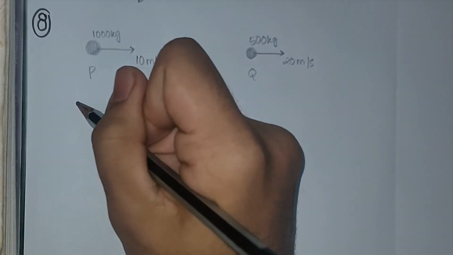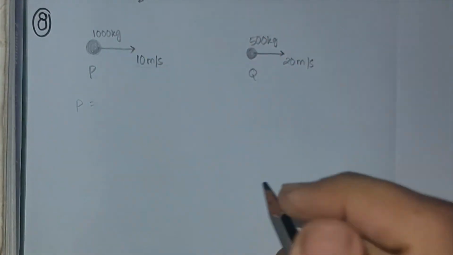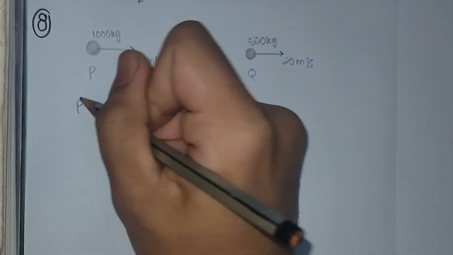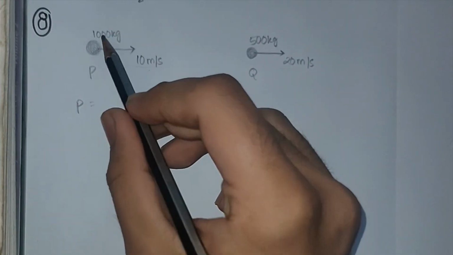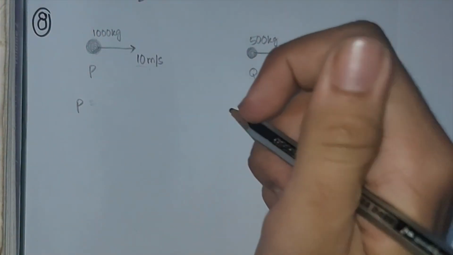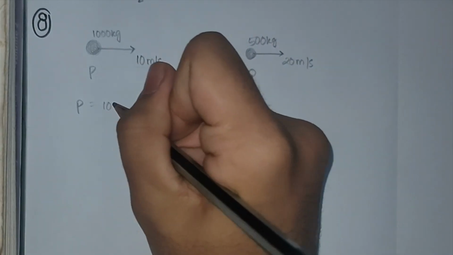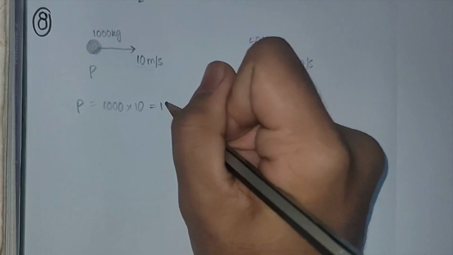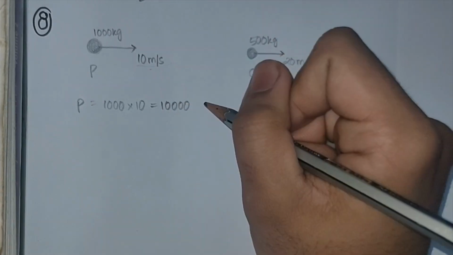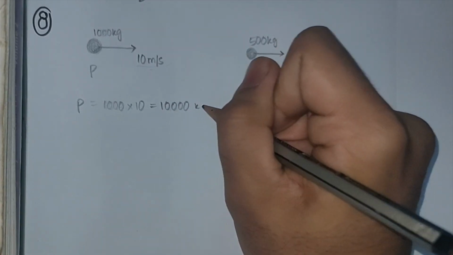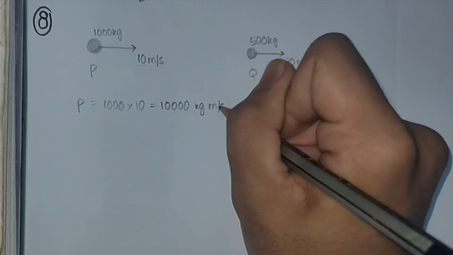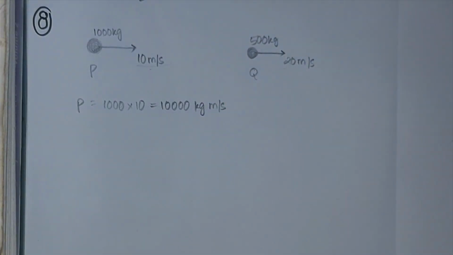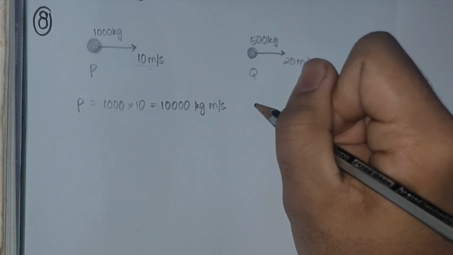Let's represent momentum by P. The momentum of car P is the speed multiplied by the mass. Momentum equals mv. So that becomes 1000 multiplied by 10, which in turn becomes 10,000. What are the units? Kg meters per second. What is the momentum for car Q?